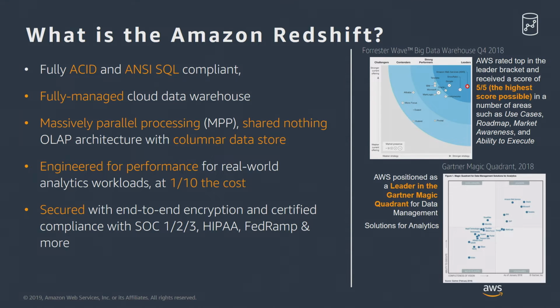As you'll see, the back end is a massively parallel, shared nothing, OLAP architecture. And we talked a lot this morning about the columnar data store. Redshift really shines in large-scale aggregate reads. So if you're doing things like select average sale price, select maximum sales price, or show me the thing that sold the most on Christmas Day, what was the number one toy on Christmas Day, Redshift is going to handle those large-scale aggregate reads extremely well.